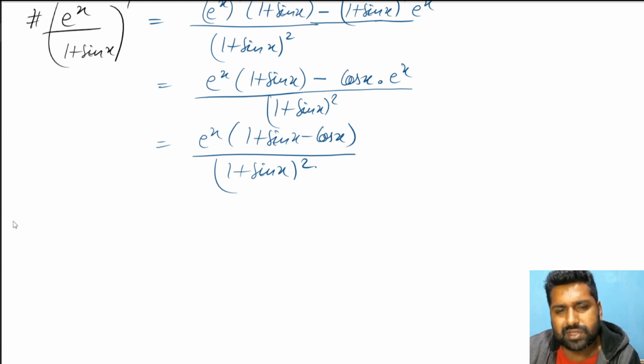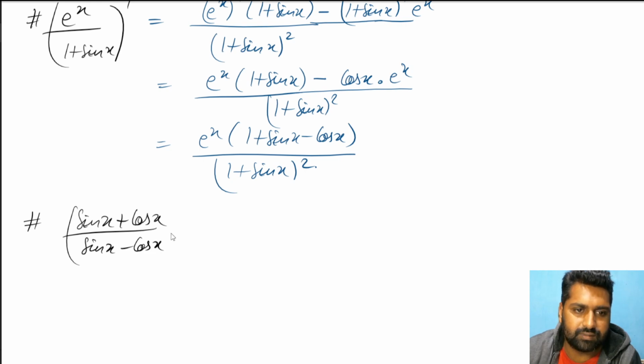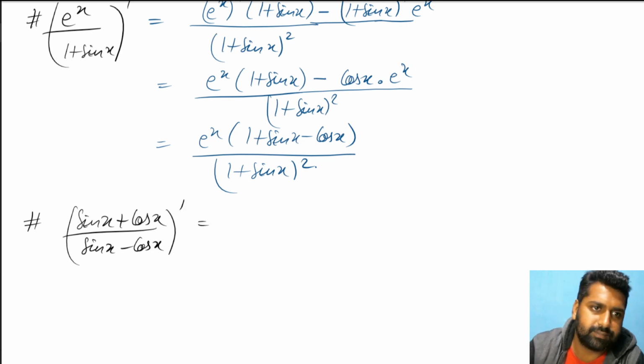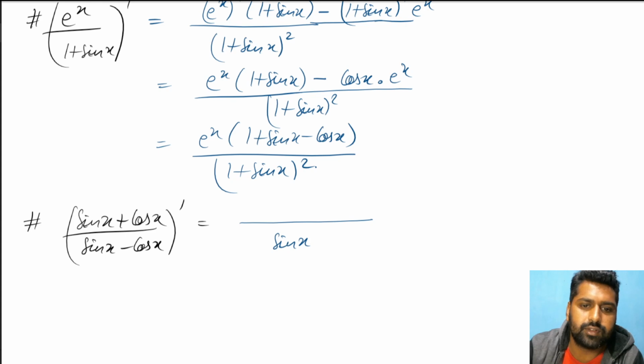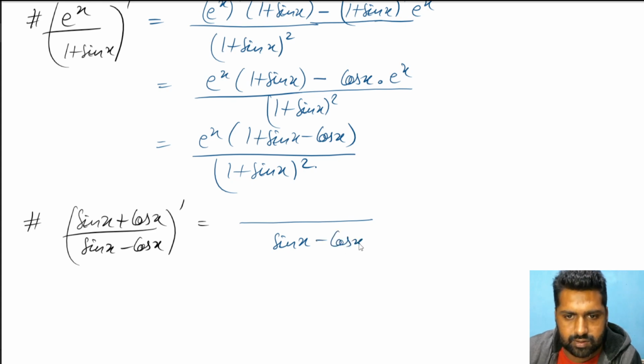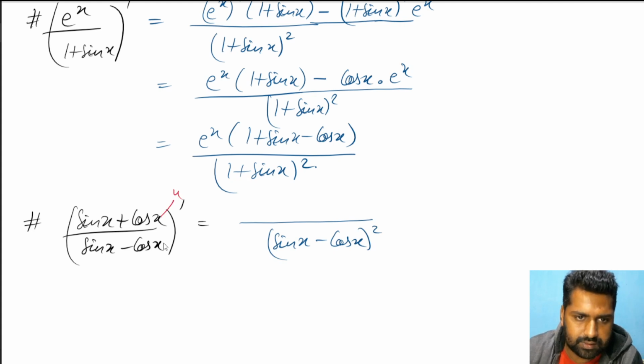Remember this is just basics of uv and u by v. They'll not give you a question based on this as such. Now differentiation of sin x plus cos x upon sin x minus cos x. You have to differentiate this. So denominator square, sin x minus cos x whole square. This is our u, this is our v now.